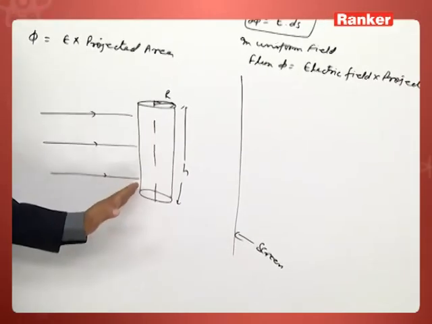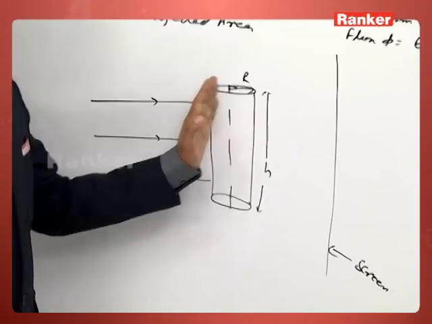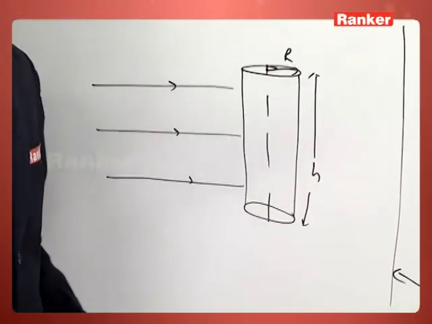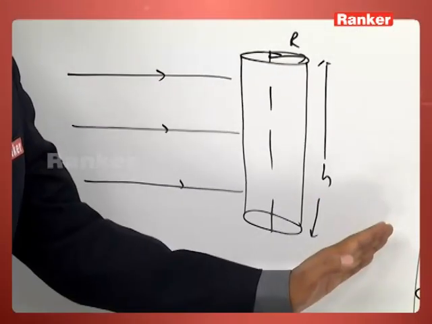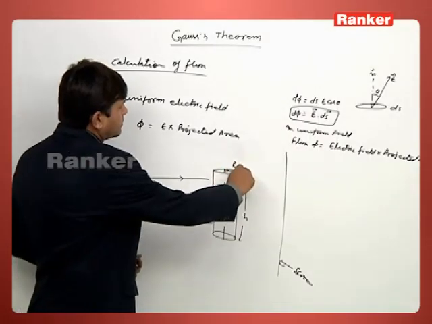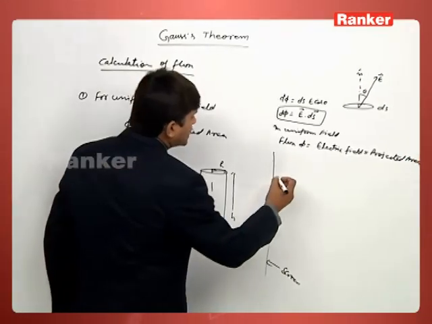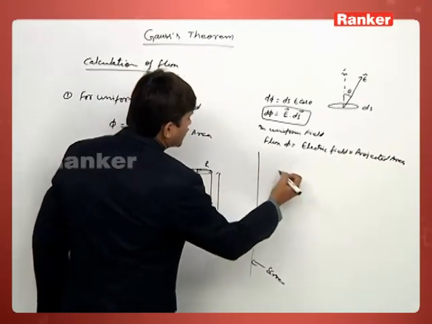In case of the cylinder, if we project light from this side and look at the shape on the screen, we will get a rectangle of width 2r and height h.